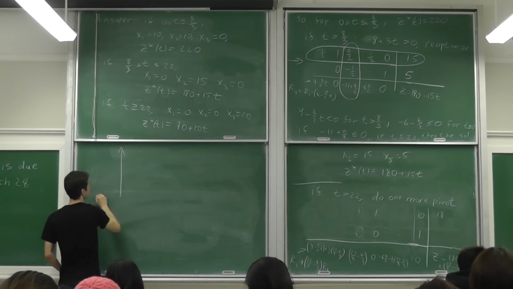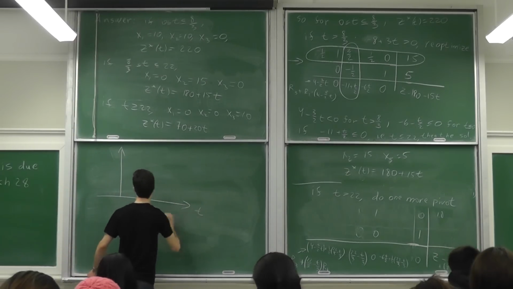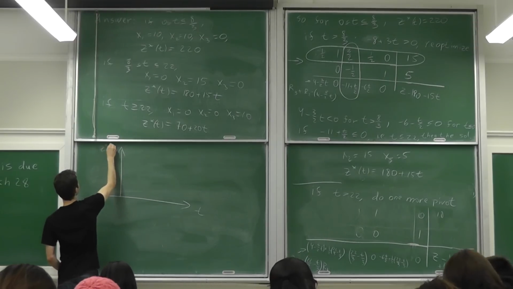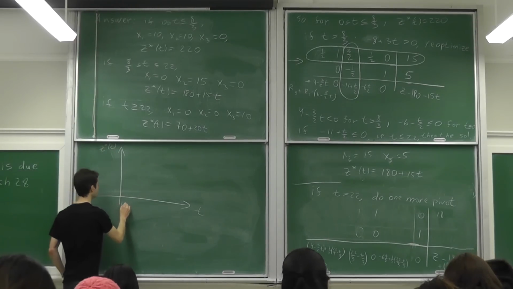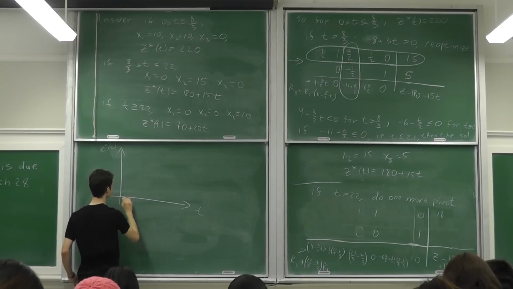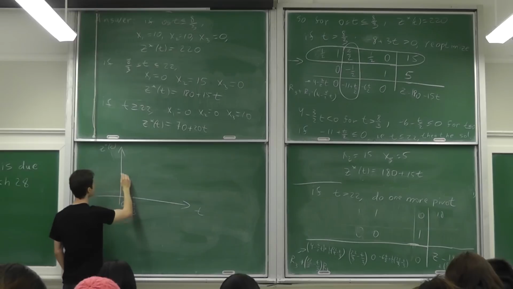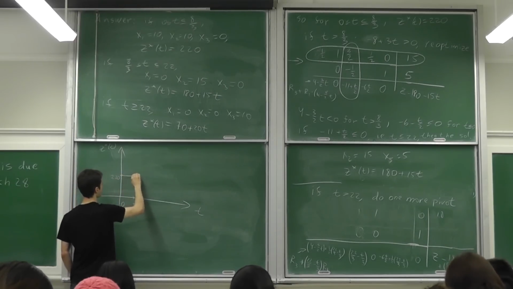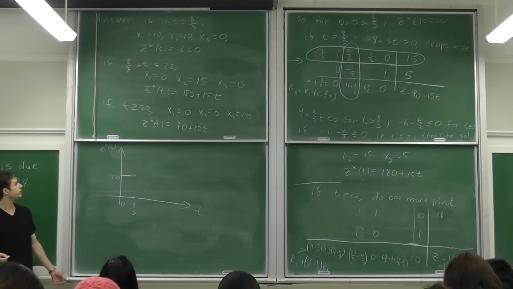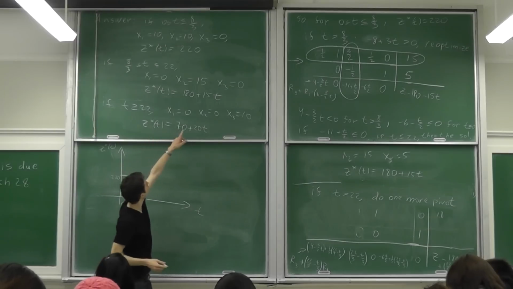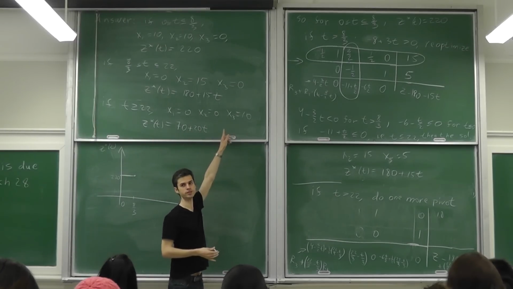Let's plot the function z star of t as a function of t. Well, we know that for t from 0 to 8/3, 8/3 is not very large, about 3, we get that the optimum is 220. So we get just a straight line like this. Next, we get a line with much larger slope, 15.